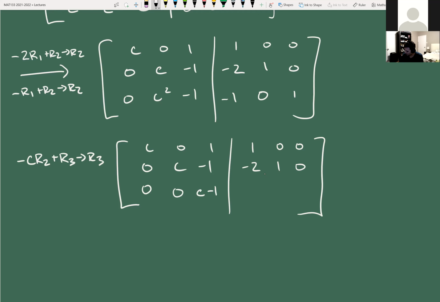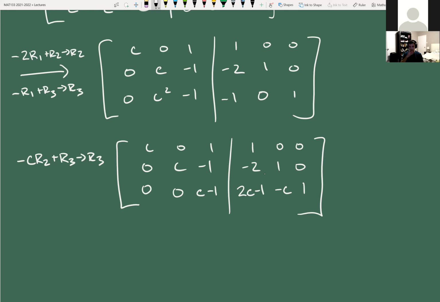And then -C times row 2, so that's going to be 2C minus 1. And then -C, and then 1. Negative row 1 plus row 3. Is there a reason why you want to do? Oh, yeah, you're right. Thank you. Okay, makes sense.